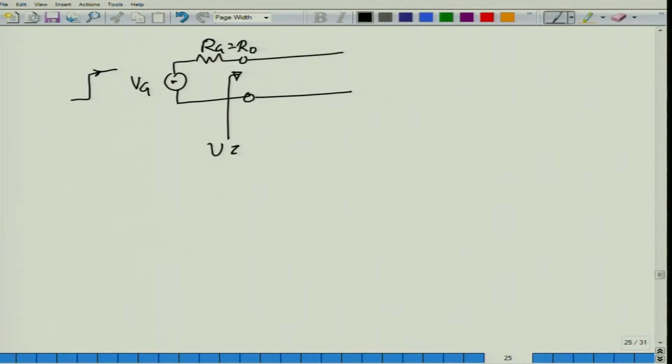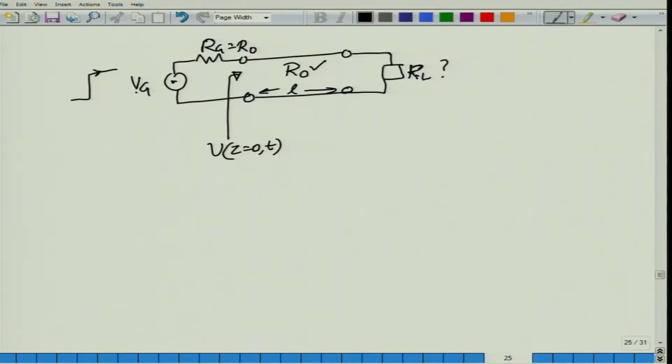So, I am monitoring the voltage at z equal to 0 as a function of time. Let the characteristic impedance of the transmission line be R0, which is completely known. However, the transmission line whose length is known to me, okay, I do not know what load is connected on the other side. So, RL, the terminating load, I have no idea.